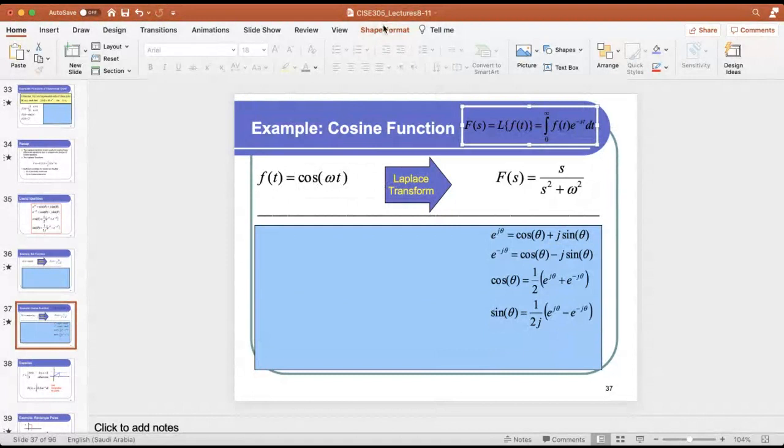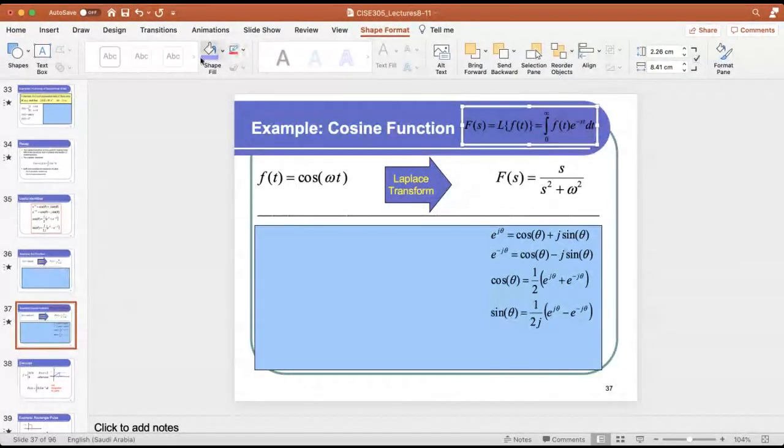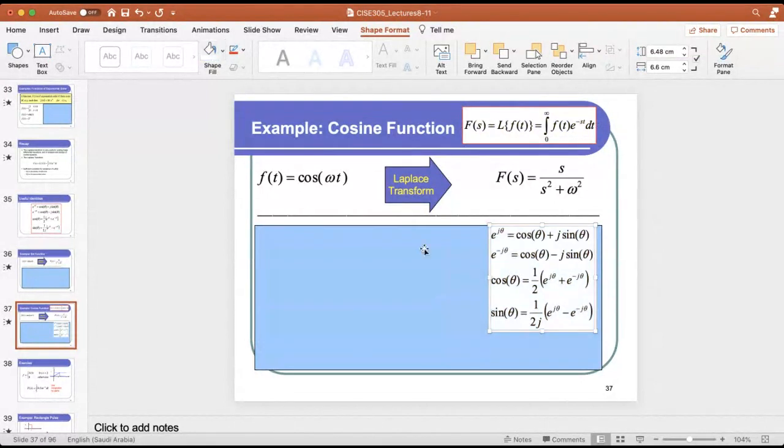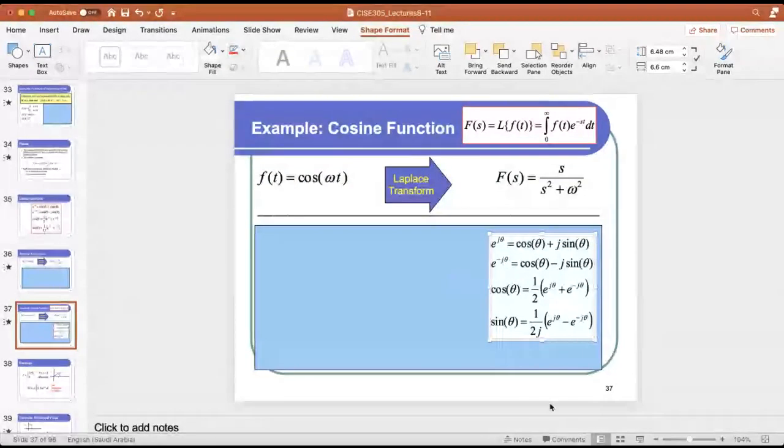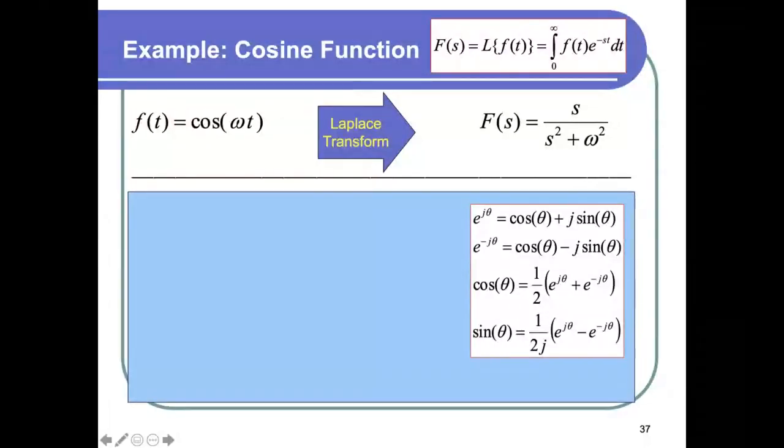This is the definition on top of the slide, and we have the identities here. Now, you saw the sine function. This will be similar. Please do it on your own. So is 5 minutes okay? Or do you think you need less time? Okay, do it for 5 minutes.